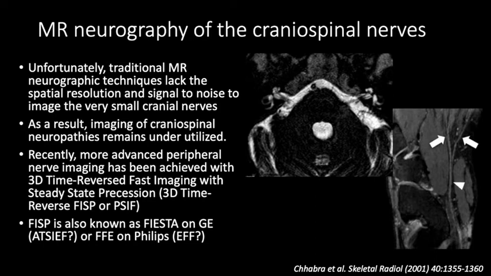Because it's a reverse, they call it a PSIF, which is a reverse of FISP. So the question is, since this is a Philips talk, should this be called an F? Since the same Fiesta sequence or FISP sequence is called an FFE on Philips. But these sequences have the ability to give us the background saturation, but also the spatial resolution necessary to be able to image these very small nerves.